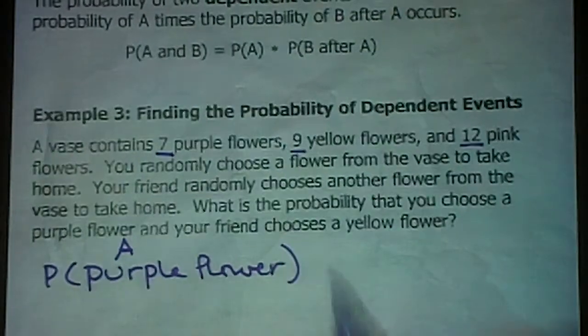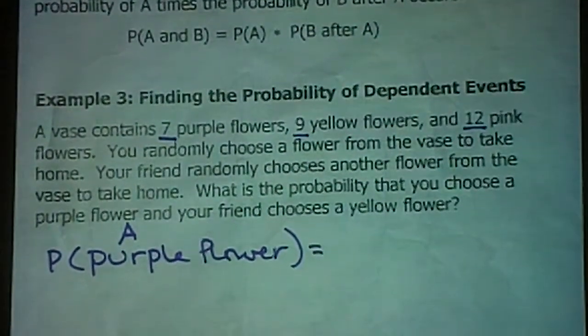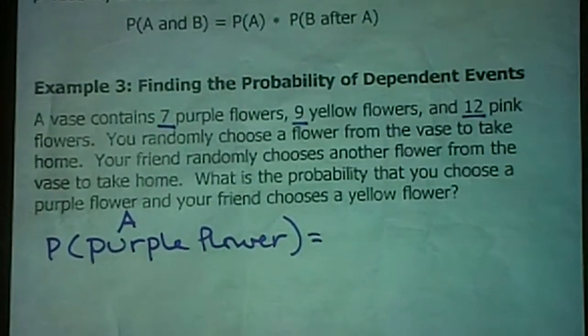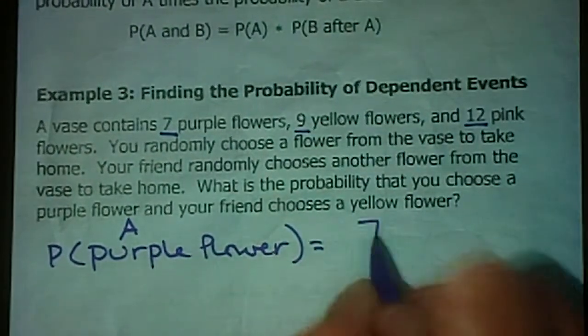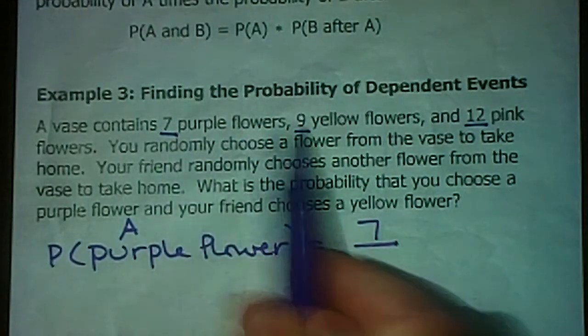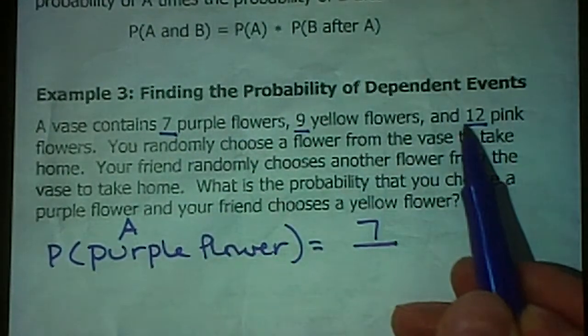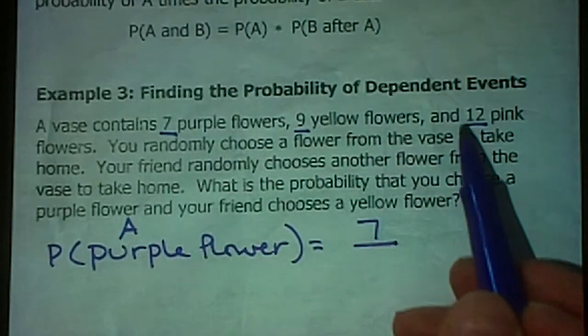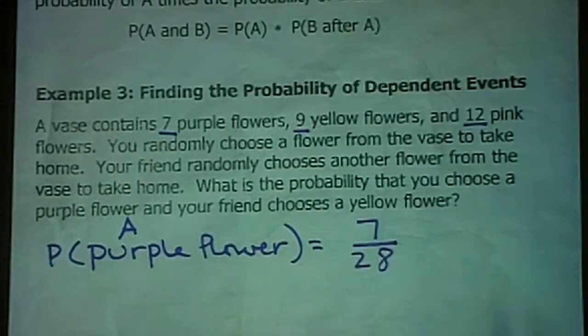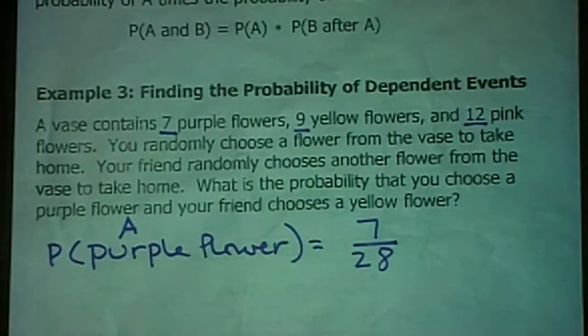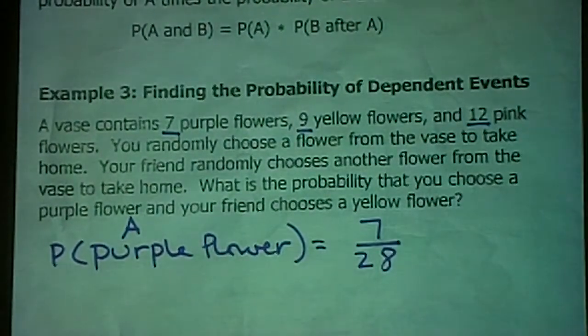So in order to figure this out, we need to know how many purple flowers there are out of how many total. If you look back up, it says that there are 7 purple flowers, and we have 7, 9, and 12. So when you take 7 plus 9 plus 12, you get 28. I'm hoping when you look at 7/28ths, you think, oh, those are both divisible by 7.